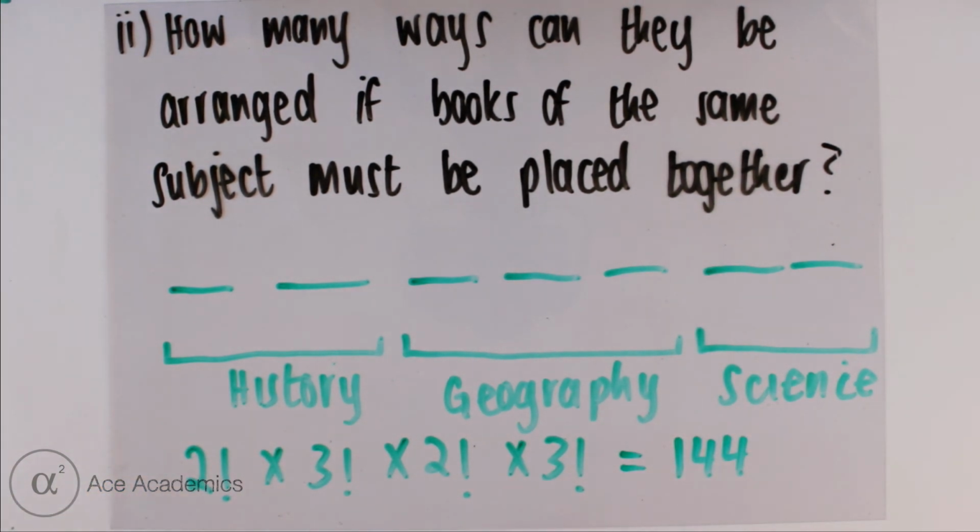So we can see there's a massive difference if we simply put the books in any way compared to if we put the books subject by subject. 5040 ways if we put the books in any order, and if we put the books subject by subject, there's only 144 ways that they can be arranged.